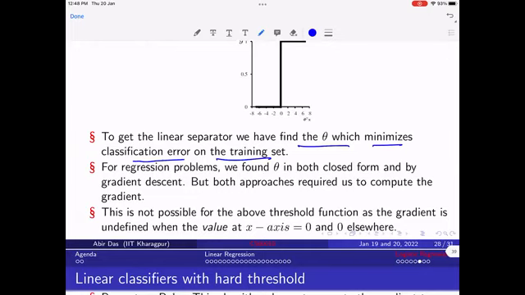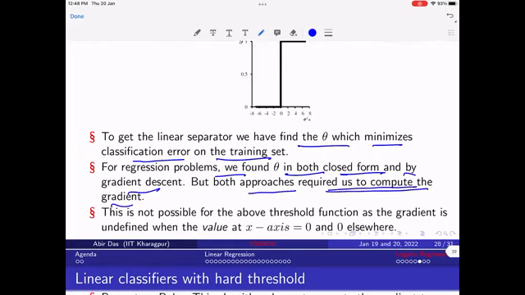For regression problems, we found theta in both closed form and by gradient descent. The closed form is that x transpose x inverse x transpose y or whatever we got, or finding the gradient and then doing gradient descent. But both approaches required us to compute the gradient. Now here is the catch.